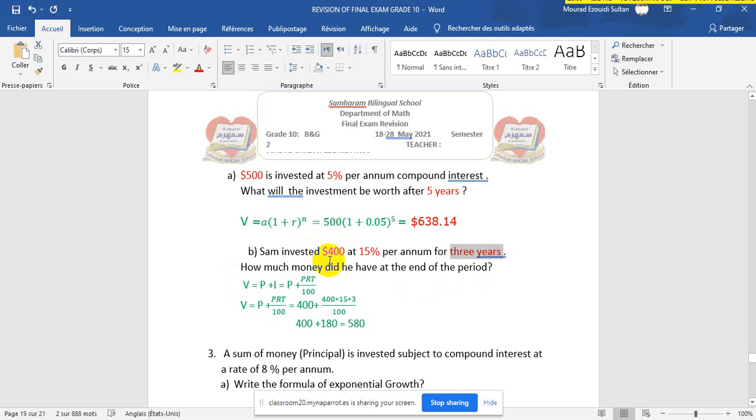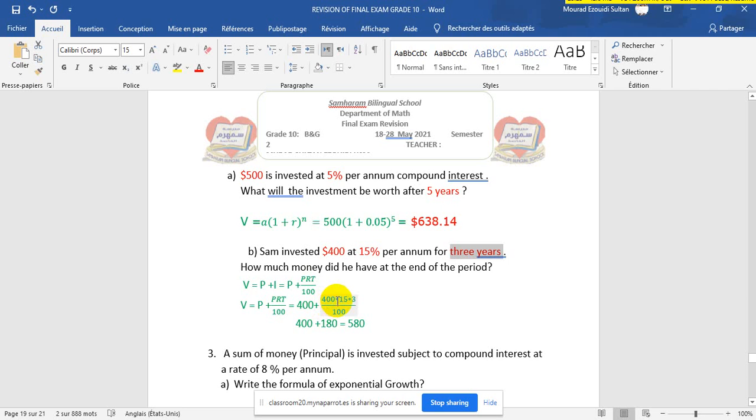The P already you have, the rate you have, the number of time you have, just calculation. So V equals 400 plus 400 multiplied by 15 multiplied by 3 all divided by 100.